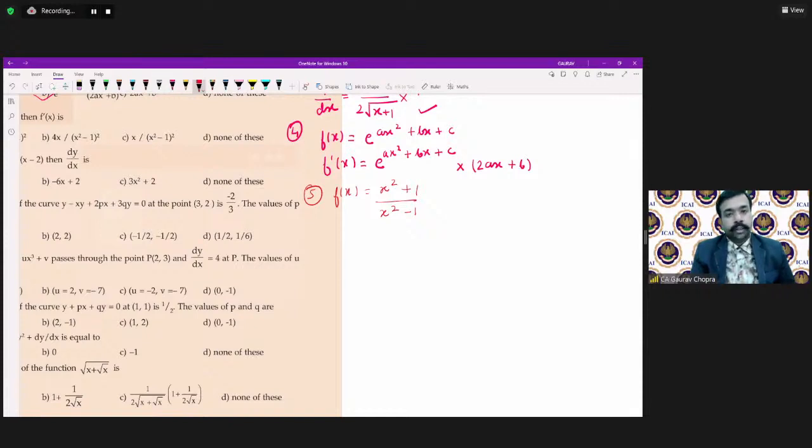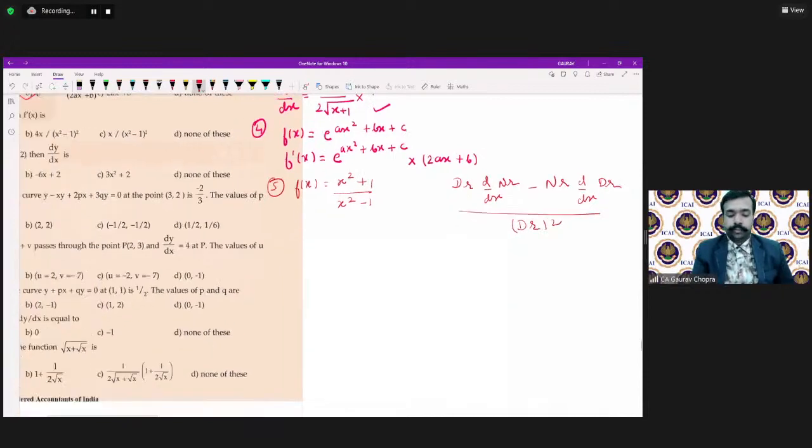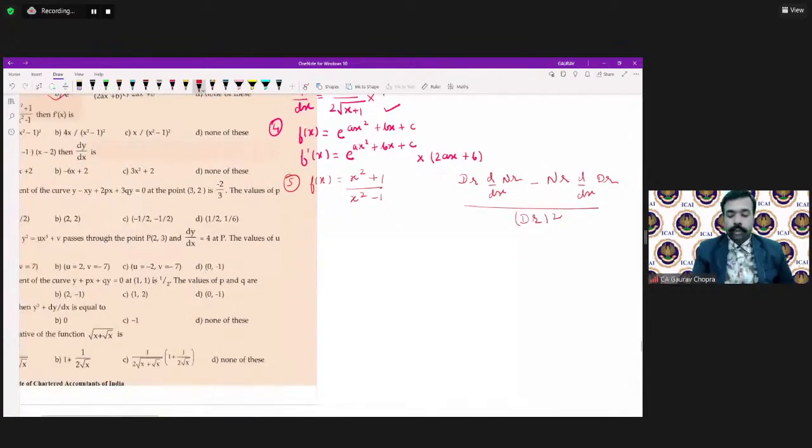The denominator remains as it is, so denominator multiplied by d by dx of numerator, then minus numerator as it is, then d by dx of denominator, whole divided by denominator square. So we have to apply this formula here.